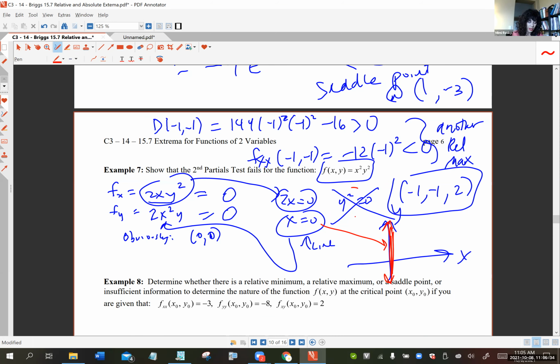And then further, if you look at the other equation, if you let y equal 0, and I don't care what x is, like let x be 5, if you plug in the point (5, 0) to either of those partials, they'll go to 0. So I claim y equals 0, which is a line that lives on top of the x-axis. All of the points on that line satisfy that system. So we have infinity critical points.